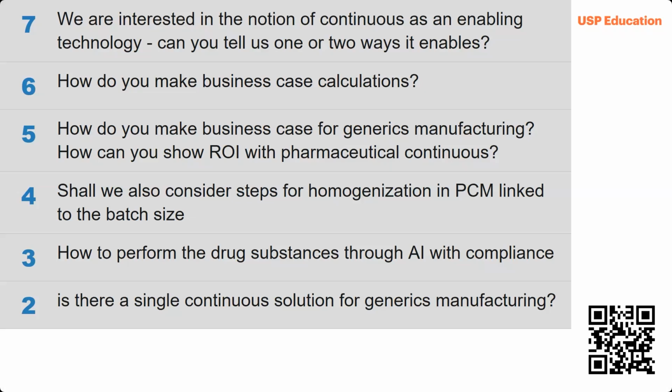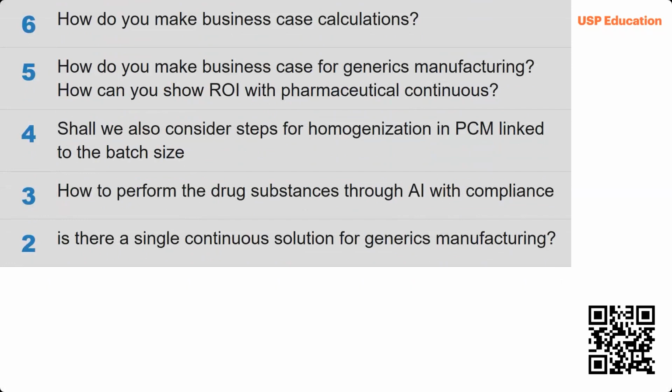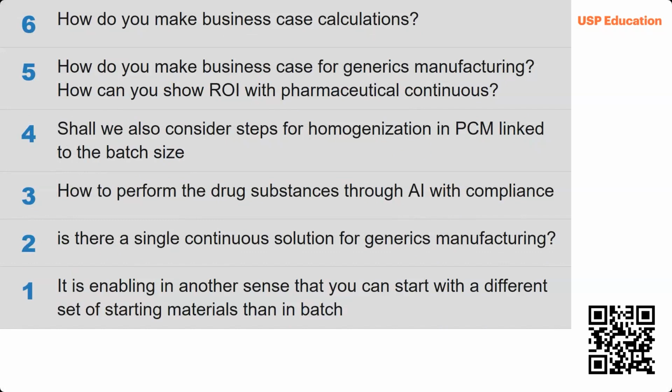Okay, the next one is about business case calculations, how to make business case calculations. I showed you one approach. Of course, there are many more. It depends a little bit on what your company is used to. But I would say, also capturing the second question right after that, when you do this business case assessment and comparison of products, it doesn't matter if this is a generic or not.